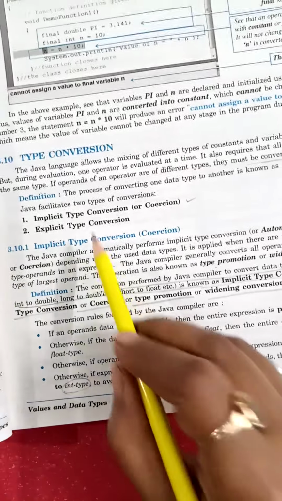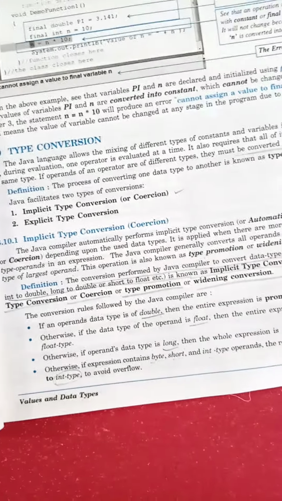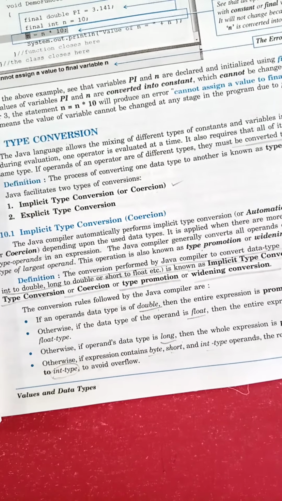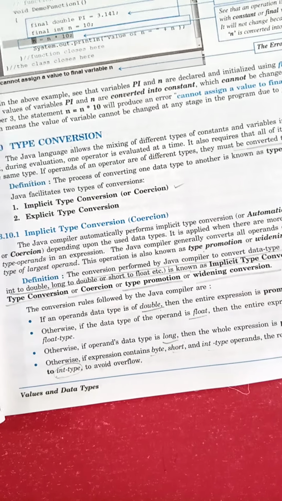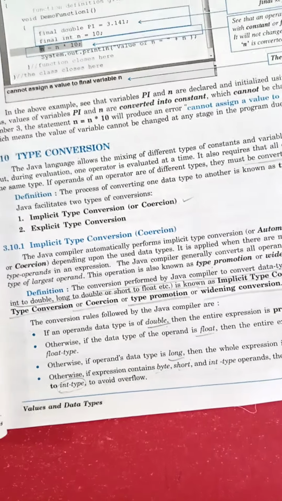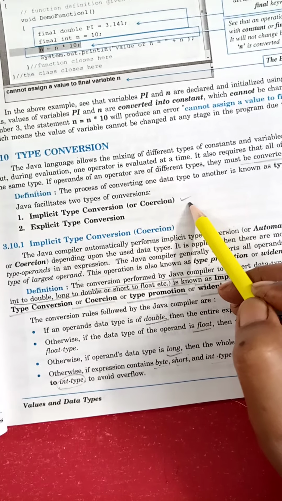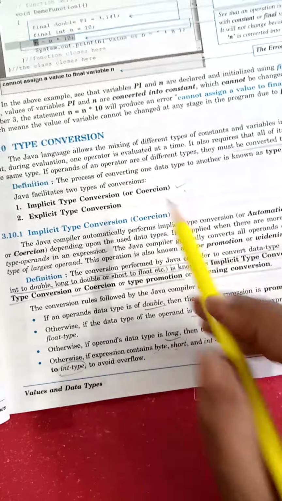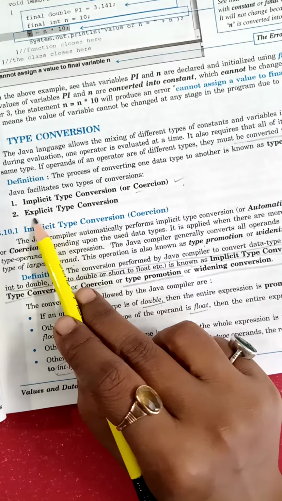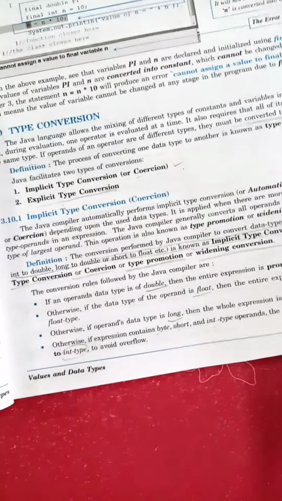The process of converting one data type to another is known as type conversion. As the name suggests, it is related to conversion of type. Now there are two types of type conversion in Java. One is implicit type conversion, also known as coercion, and the second one is explicit.